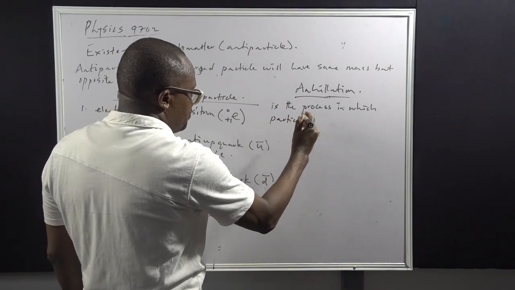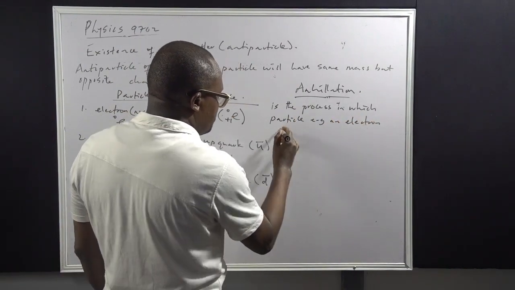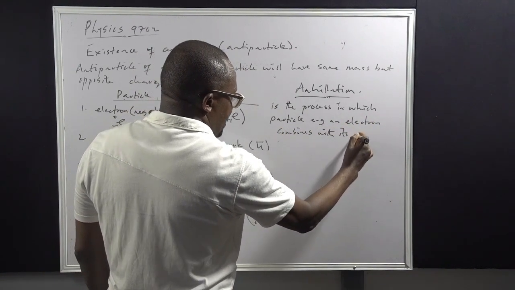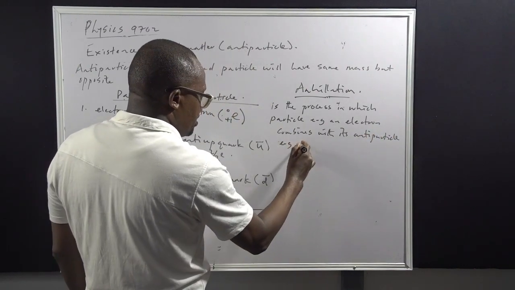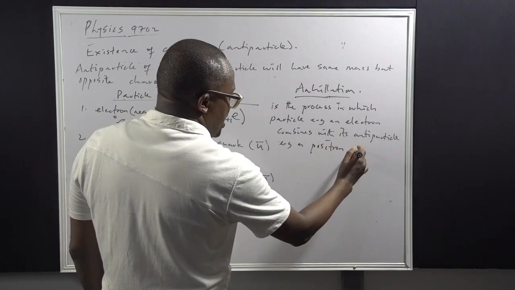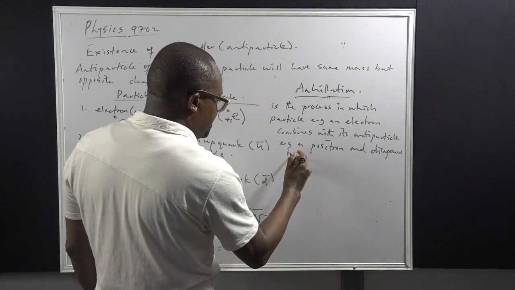So annihilation is a process in which a particle, e.g. an electron, combines with its antiparticle, e.g. a positron, and disappears to produce energy.